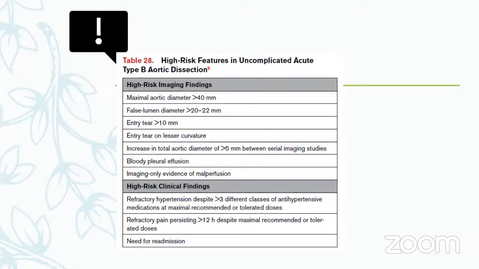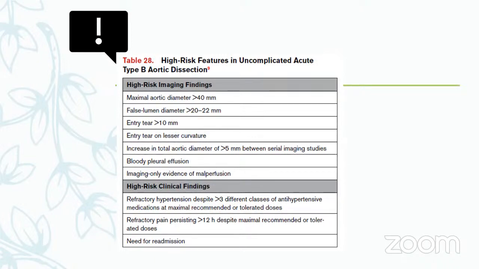The clinical findings are refractory hypertension despite more than 3 different classes of antihypertensive medication, refractory pain persisting more than 12 hours despite maximal recommended doses of painkillers, or the patient needing readmission.